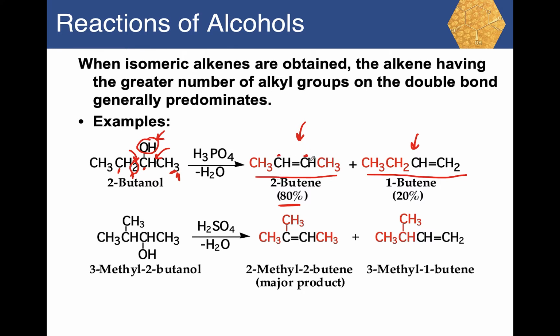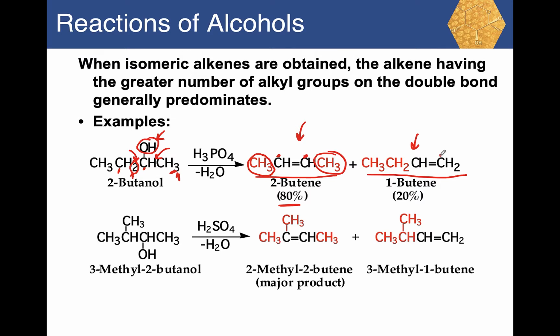So let's look at this one. This carbon here of the double bond has 1 alkyl group shown in red. The other carbon of the double bond also has 1 alkyl group shown in red. So it has 2 alkyl groups bonded to the carbons of the double bond. Let's analyze this one.